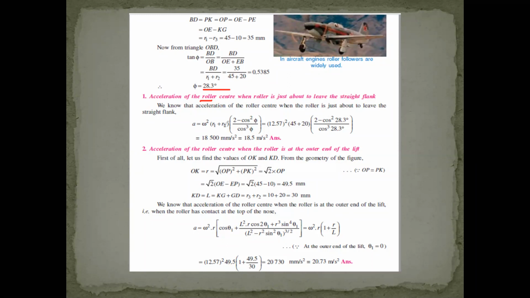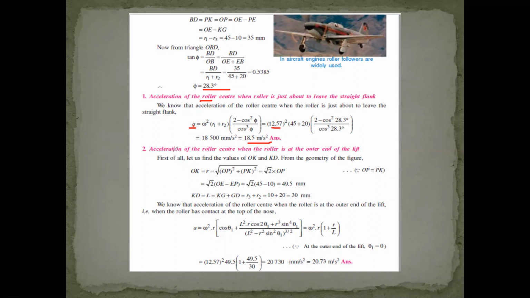A equals, the formula is already there, omega squared (R1 plus R2) into (2 minus cos squared phi) by cos cubed phi. Just substitute the values of omega, R1, R2 and phi, and the value arrives at 18.5 meters per second squared.